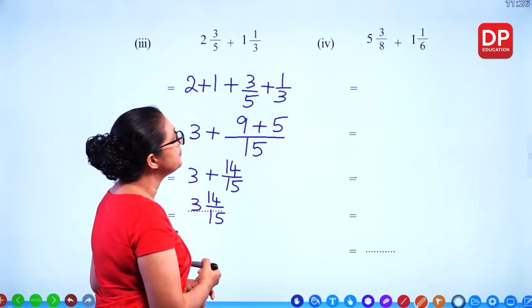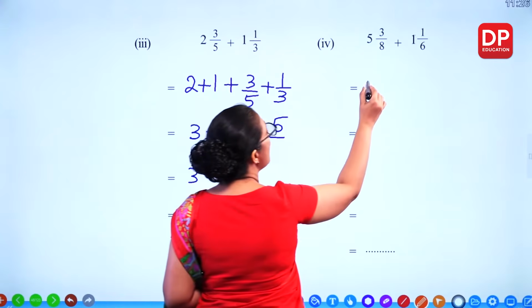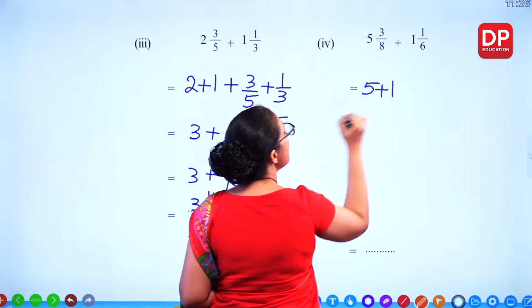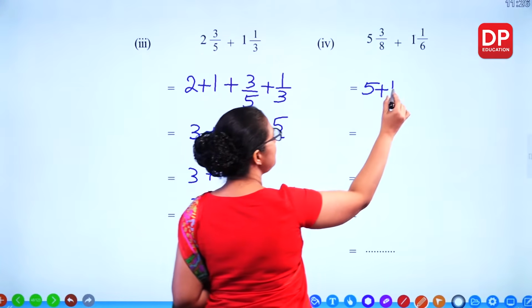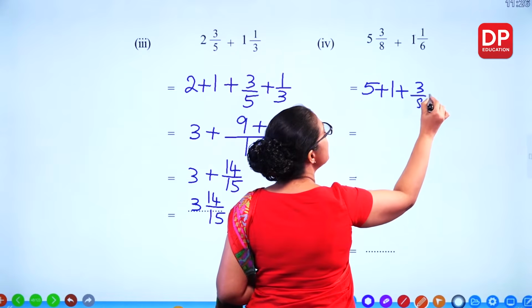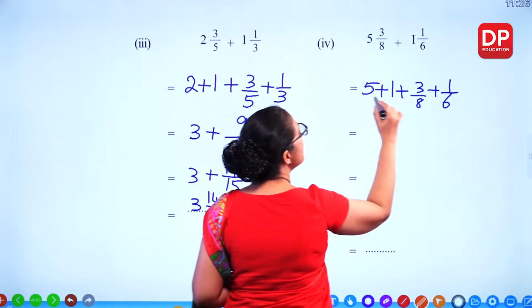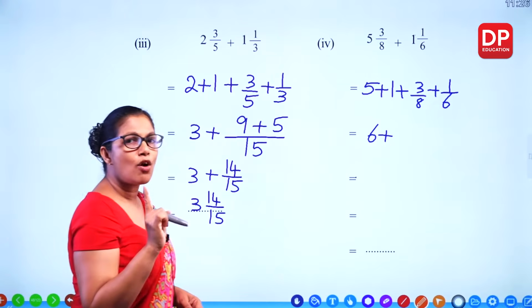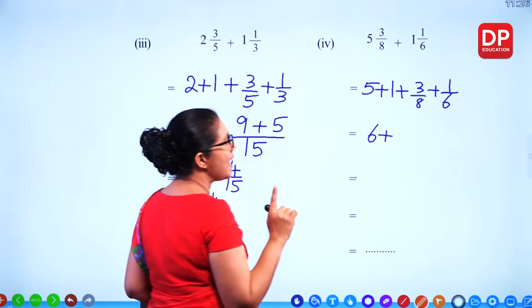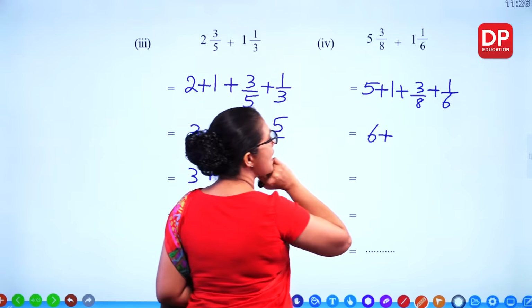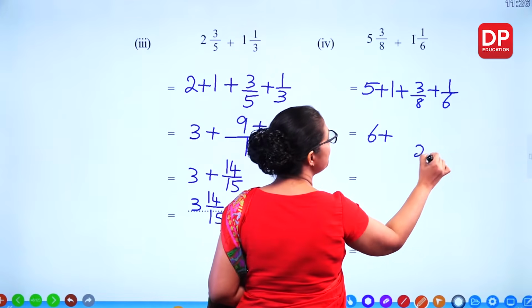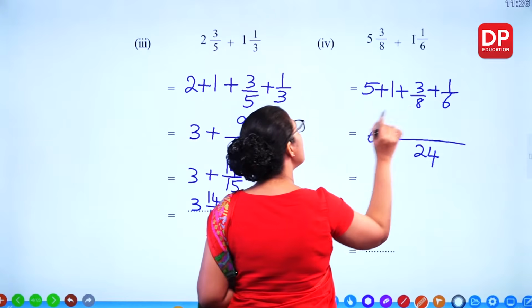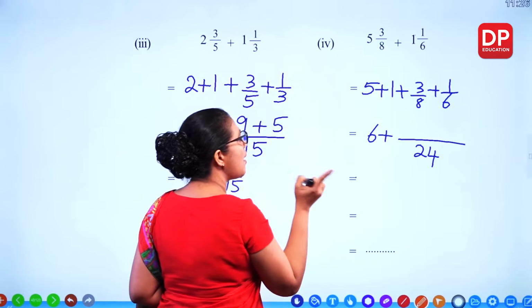Look at this one. 5 and 1, both whole numbers, I can add it separately. 3 over 8 and 1 over 6 separately. So 6 is there. 8 and 6, what's the common denominator? That's, what's the number? 24. So convert to 24. 8 times 3.